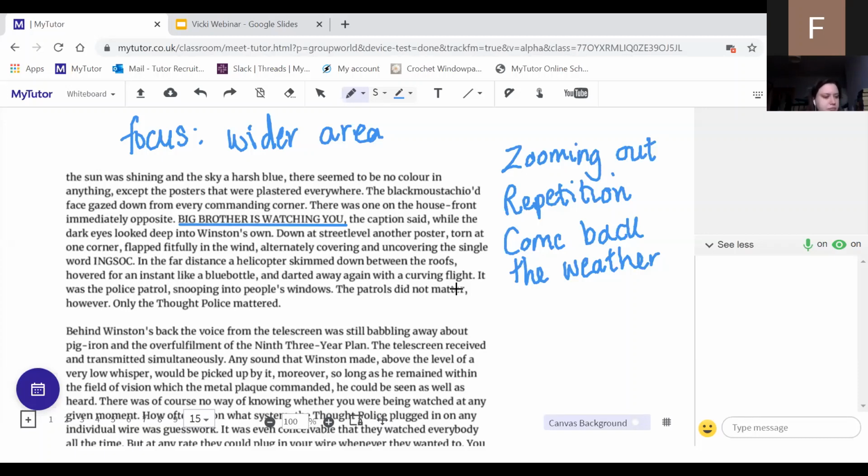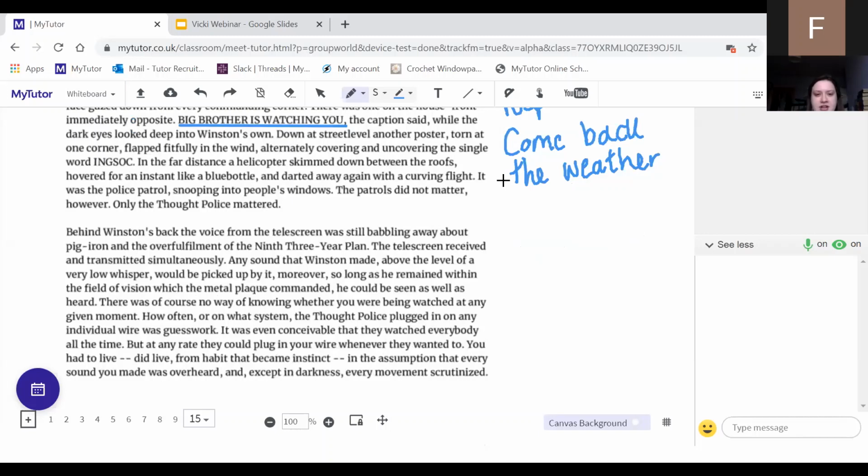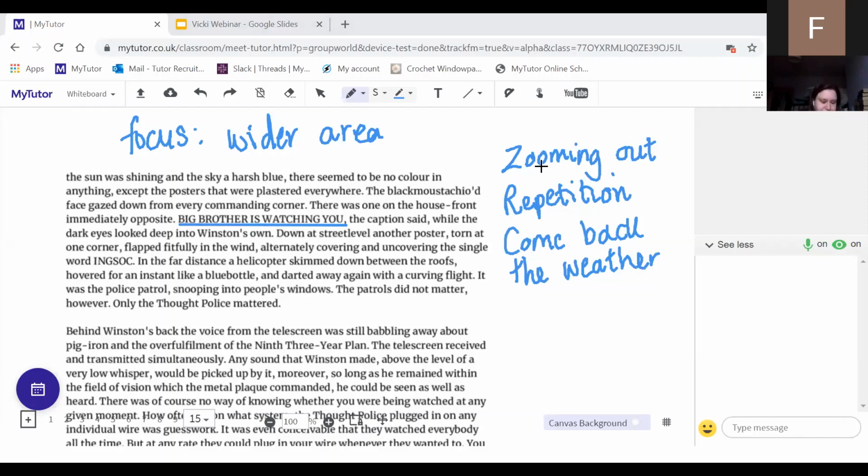Right, so let's move on. Let's see if I've missed anything. Yeah, you're right, alliteration. So, is repetition a language device or a structural feature? Yeah, it's both, but you have to be very careful. In terms of repetition, if you were talking about repetition of words, then they need to be across more than one paragraph.